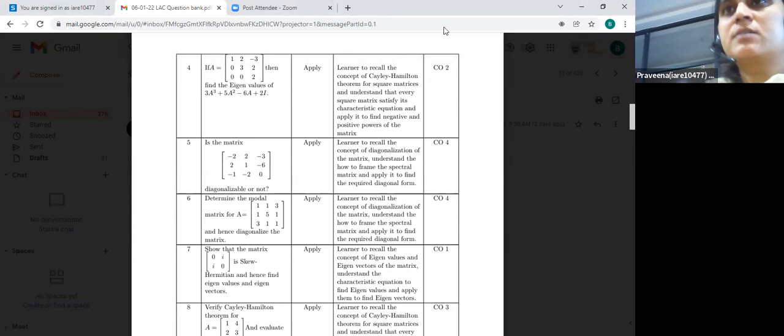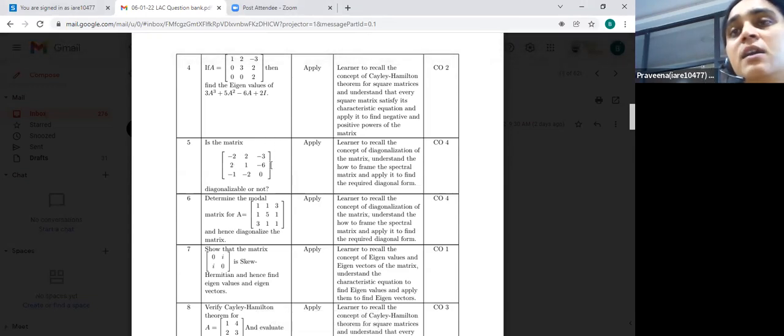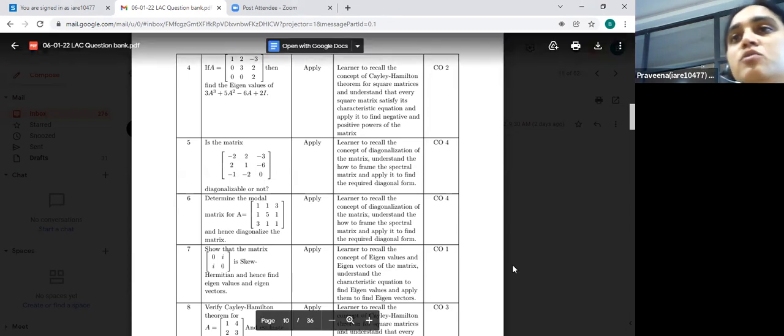Note down all of you. Is the matrix -2, 2, -3, 2, 1, -6, -1, -2, 0 diagonalizable or not? Try to solve. -2, 2, -3, 2, 1, -6, -1, -2, 0.